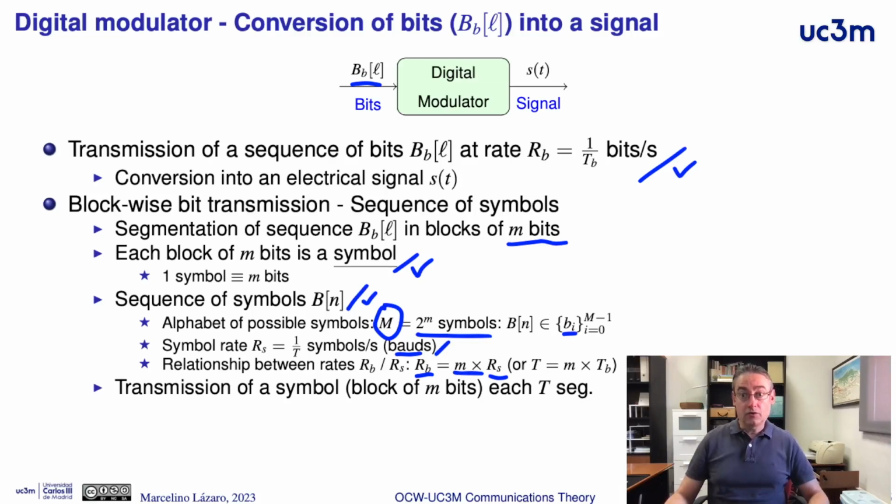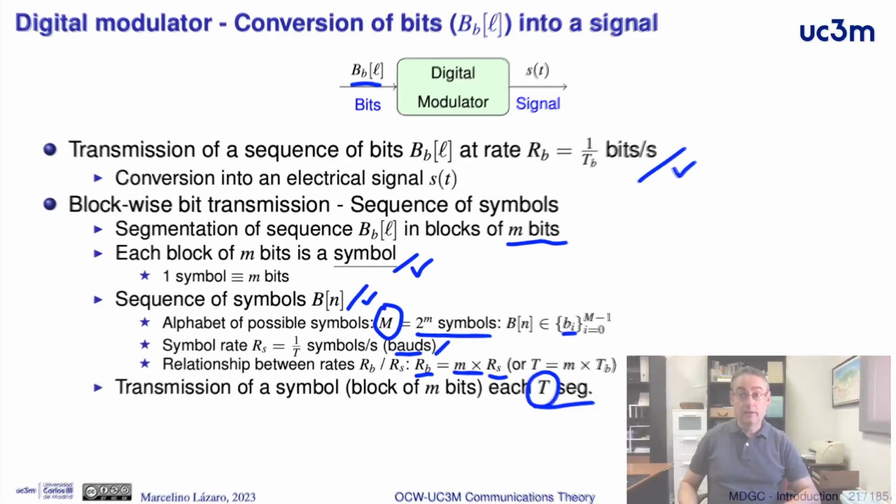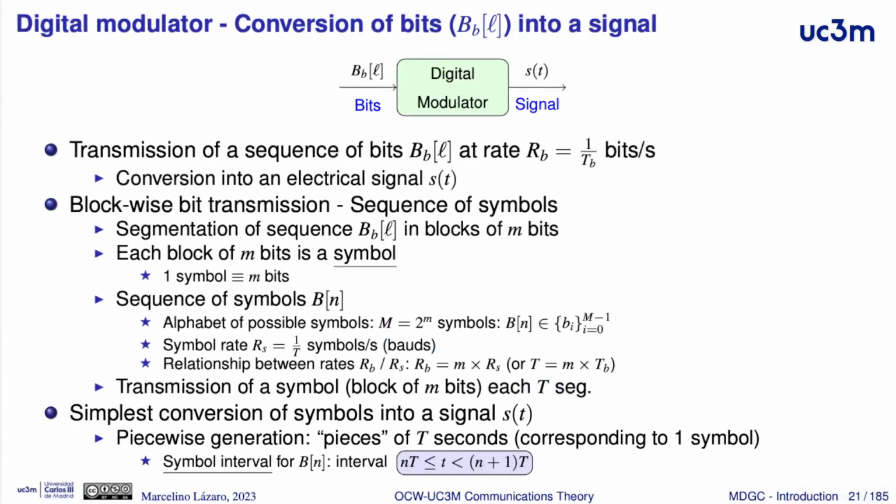Bits are converted into symbols, and then a symbol will be transmitted each capital T seconds. This parameter, therefore, is the symbol time duration and is defining the symbol rate of the system. Finally, the symbols will be transmitted through the channel, will be converted into a signal, and this conversion is piecewise.